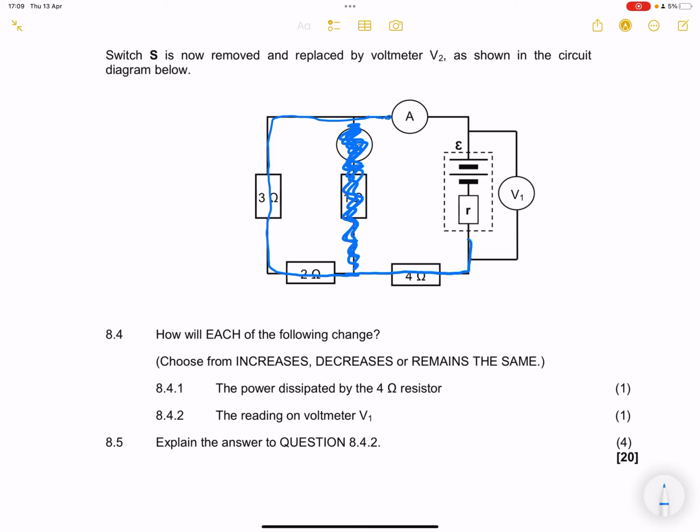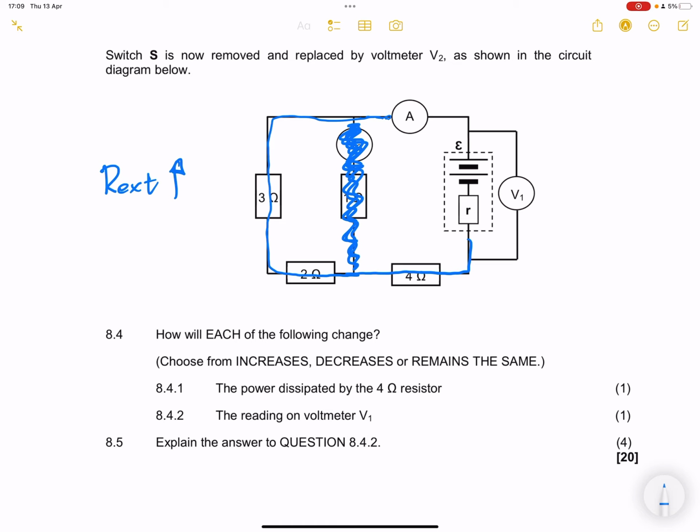We have now increased the external resistance. Whenever you remove a resistor in parallel, you increase the external resistance. So R external would increase, and an increase in R external would decrease the current.